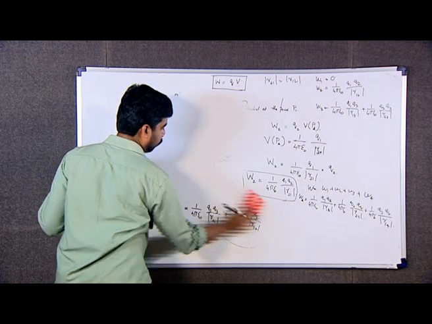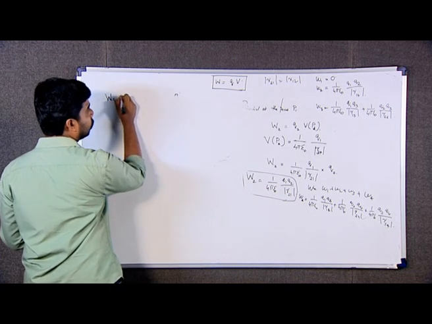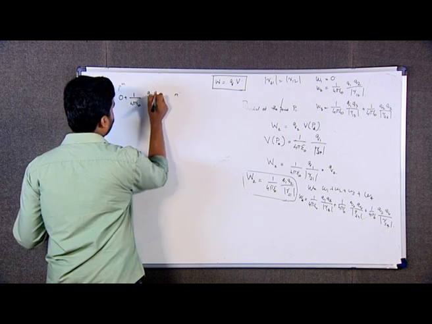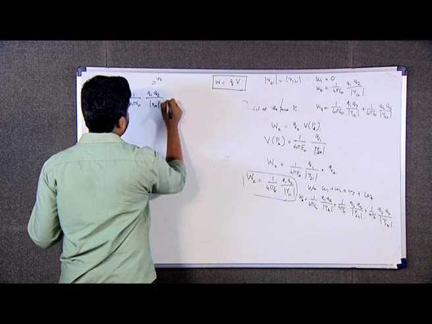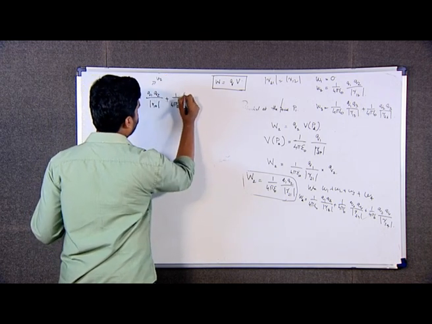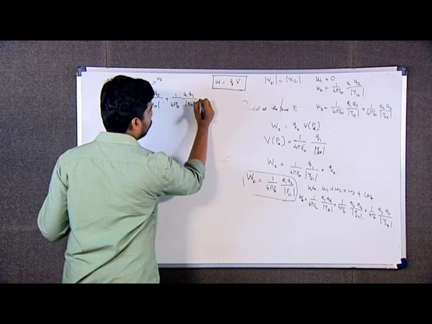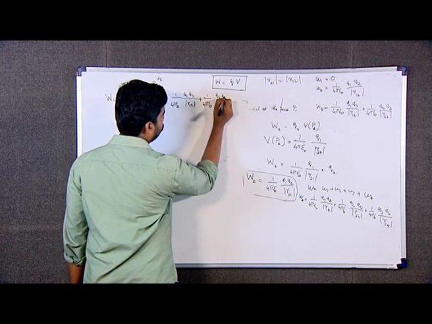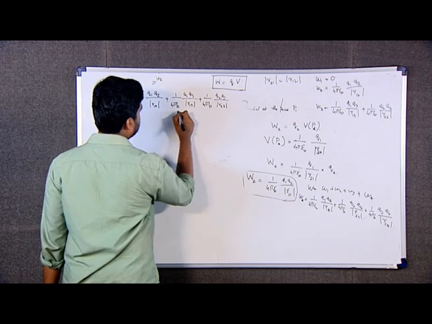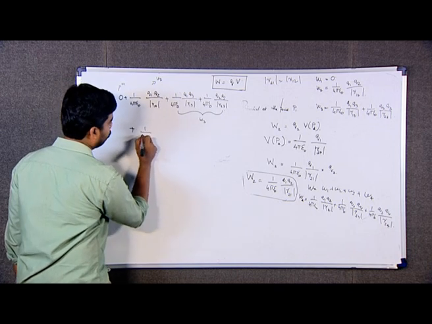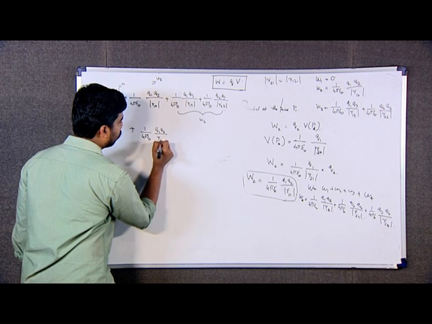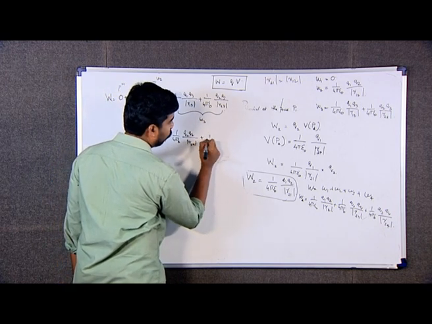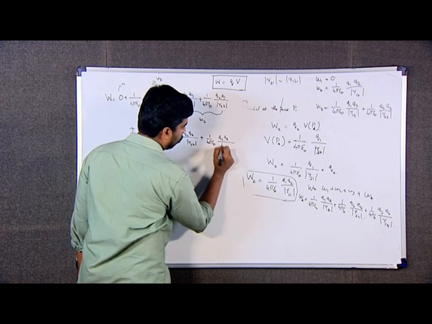So, I can club these 4 equations and write W is equal to 0 plus 1 by 4 pi epsilon 0 Q1 Q2 by modulus of R12, this is W2, plus 1 by 4 pi epsilon 0 Q1 Q3 by modulus of R13 plus 1 by 4 pi epsilon 0 Q2 Q3 by modulus of R23, and this represents the W3, plus 1 by 4 pi epsilon 0 Q1 Q4 by modulus of R14 plus 1 by 4 pi epsilon 0 Q2 Q4 by modulus of R24 plus 1 by 4 pi epsilon 0 Q3 Q4 by modulus of R34.